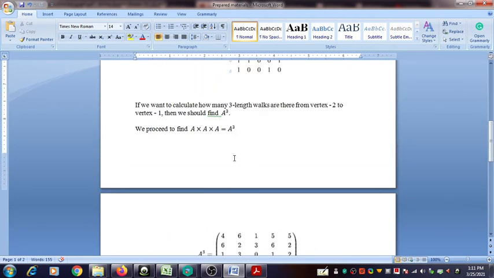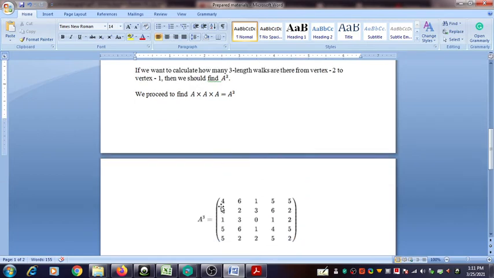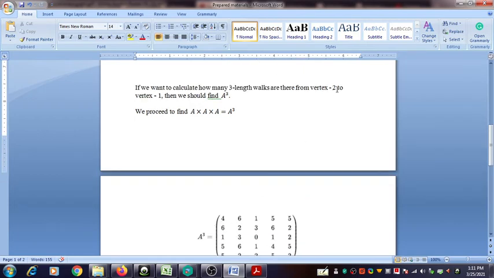You consider the 2-1 entry, because we are considering the second vertex and the first vertex. The other way also works because the matrix is symmetric, and the order in which we consider the vertices doesn't affect the answer.